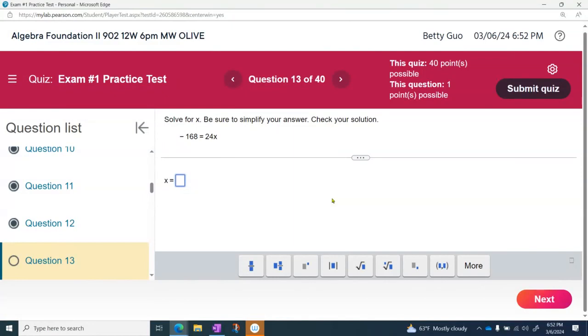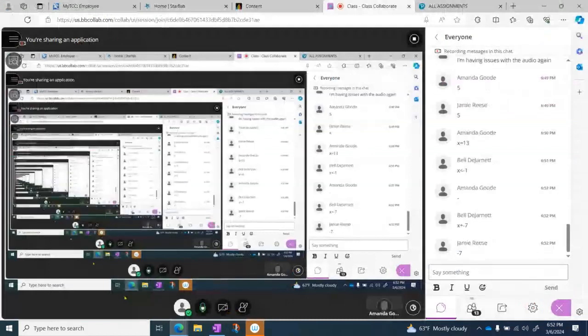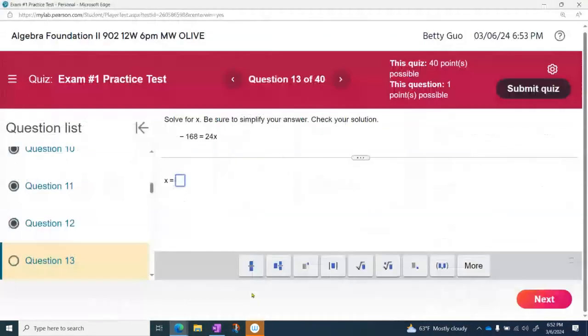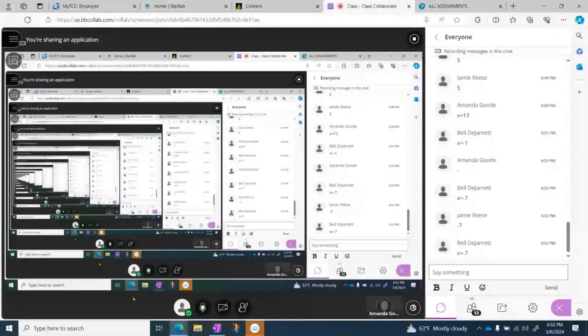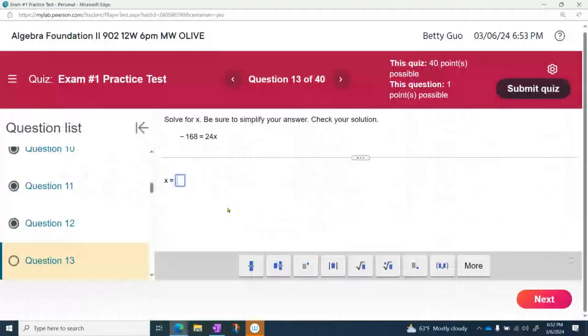Is the solution going to be positive or negative? Negative, exactly. Negative 7, awesome. Yeah, negative. Very good, negative 7. Perfect. Some of the questions are very straightforward. Some of them are very challenging.